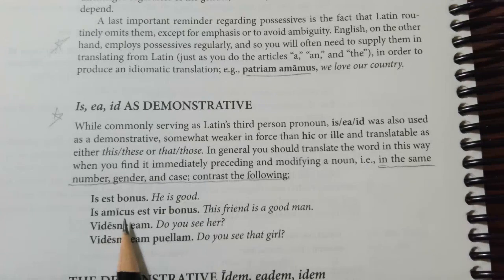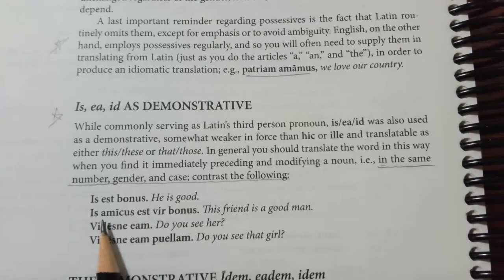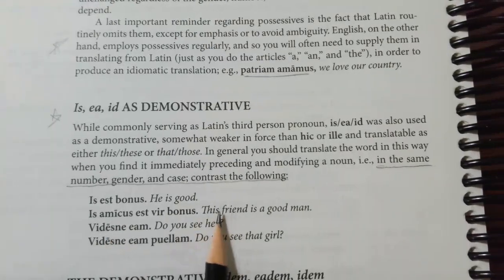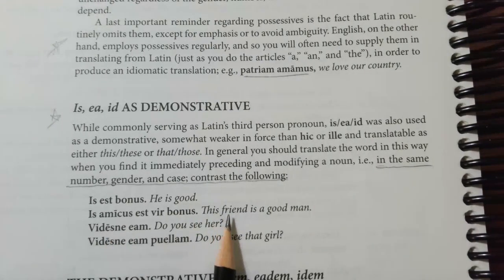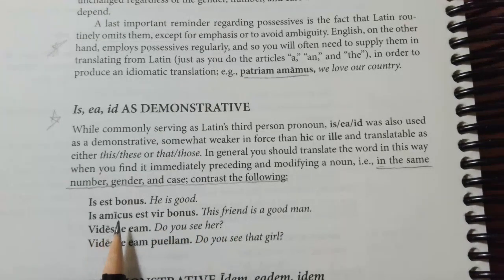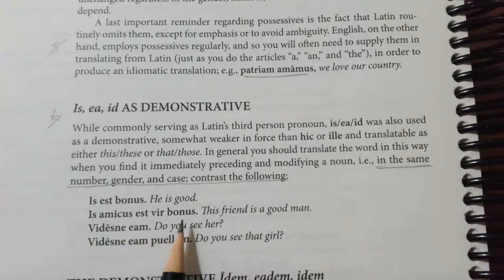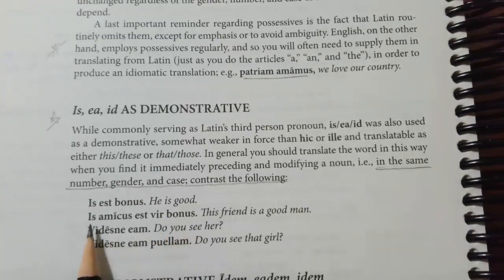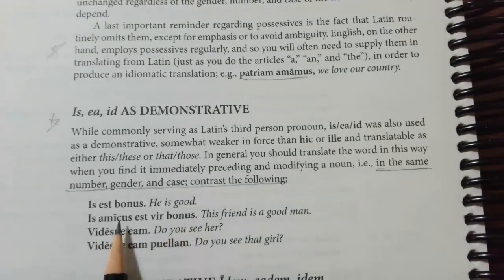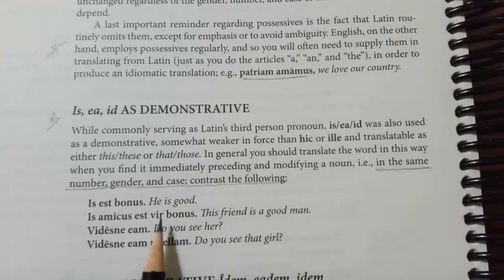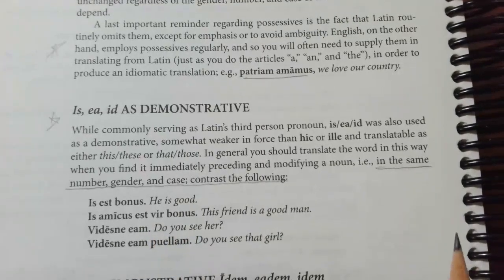So here it's acting as a demonstrative: this friend. Typically you would see hic here: Hic amicus est vir bonus. But sometimes the Romans will use the third person personal pronoun is, ea, id in that way. So, is amicus est vir bonus: this friend is a good man. All right?